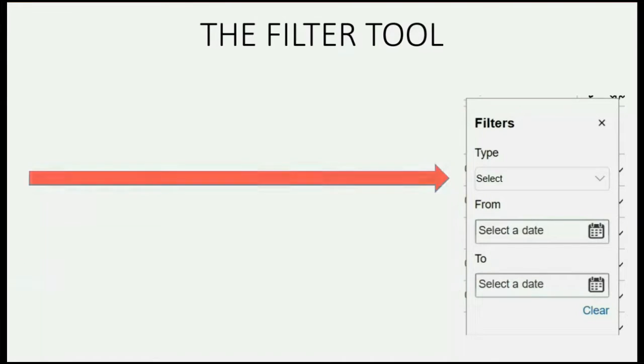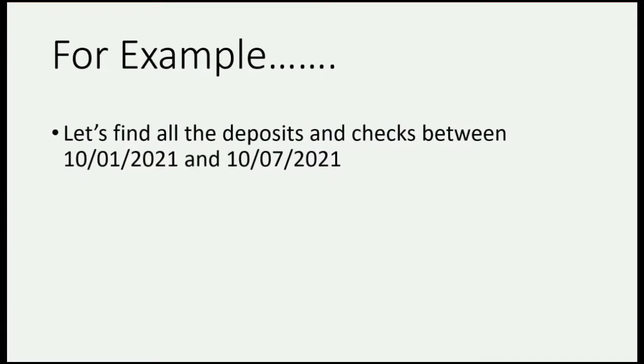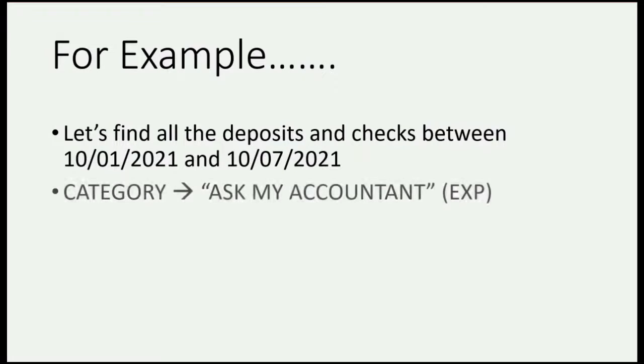You could filter even further by isolating only the deposits or only the checks between those dates. For example, let's filter all the transactions between October 1 and October 7 of 2021. And when we find only those transactions, let's put in the category as the expense account, Ask My Accountant, because we're imagining that we don't know what category to put until we talk to the accountant.